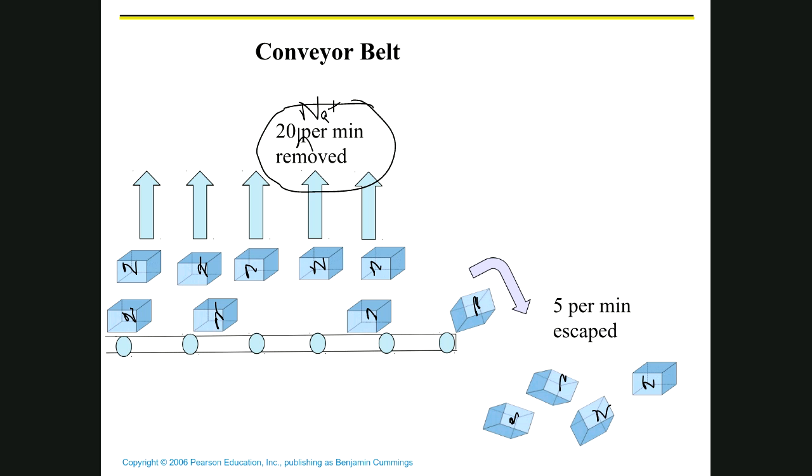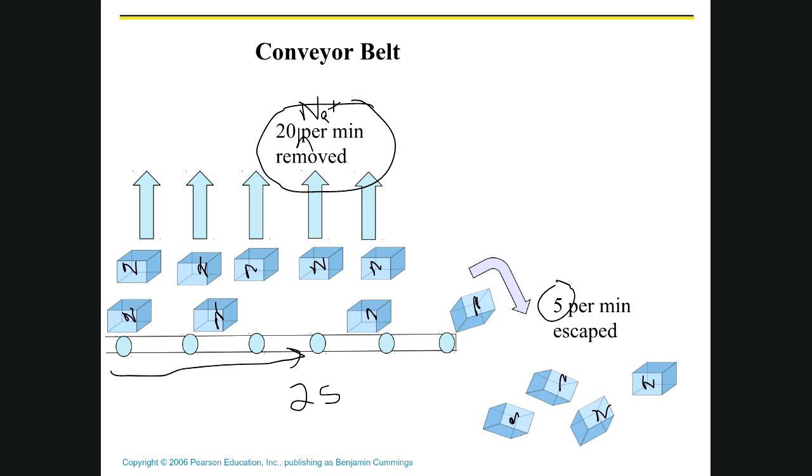Well, if this thing is going through here at a certain speed, and I'm over here, only 20 are removed, but there's 5 that are escaping. How fast is this fluid moving through this tube? It's moving through at 25 per minute. Does that make sense?